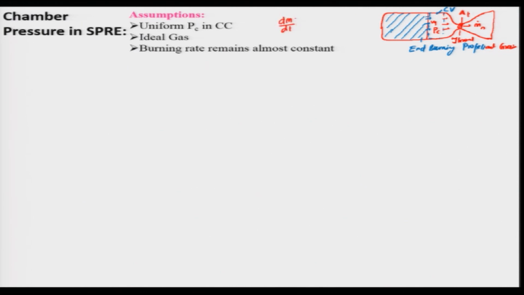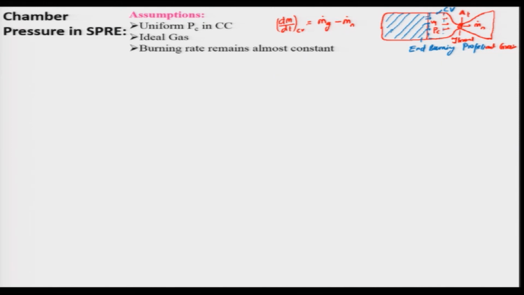that is the rate of change of mass in the control volume will be equal to m dot g, that is the mass of gas generated due to the burning of propellant, minus the mass passing through the throat of the nozzle.